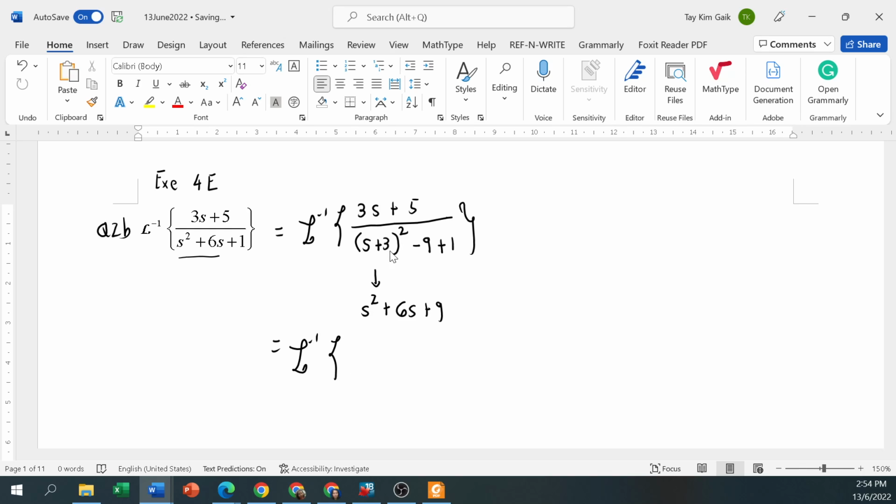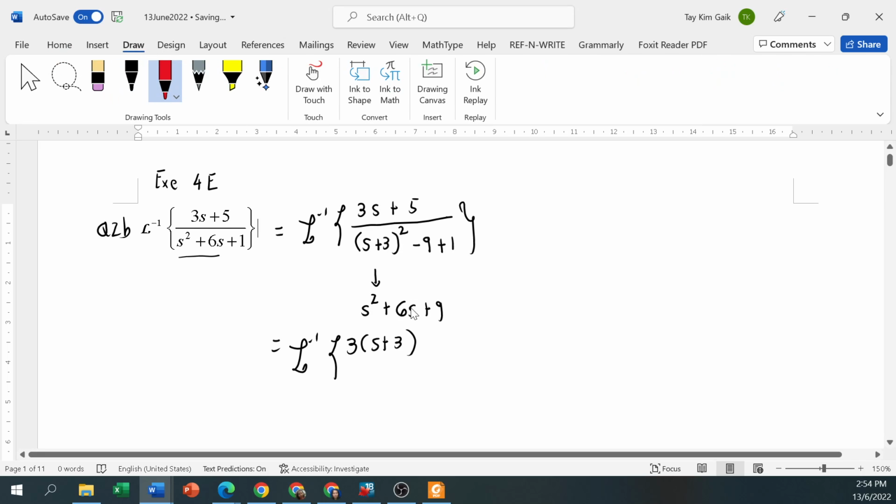Now you notice this is s plus 3. To make the numerator a function of s plus 3, you need to add 3, so 3 times 3 gives an extra plus 9.